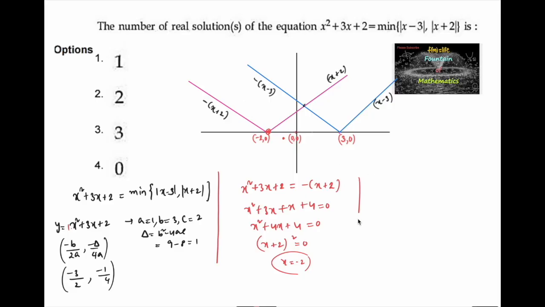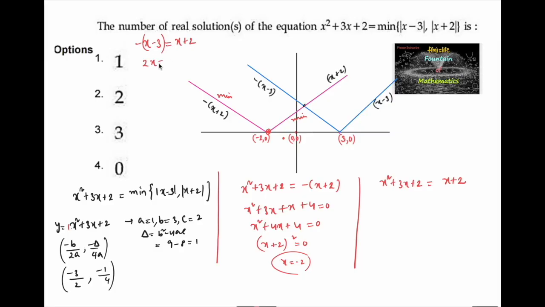And similarly, when we consider x square plus 3x plus 2 is equal to positive of x plus 2, because in both the cases this is the minimum till here. That is, solving x minus 3, negative of x minus 3 is equal to x plus 2.